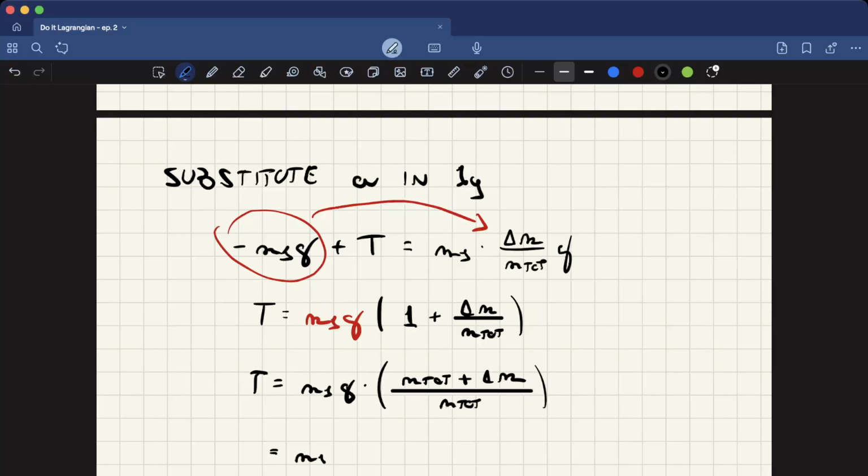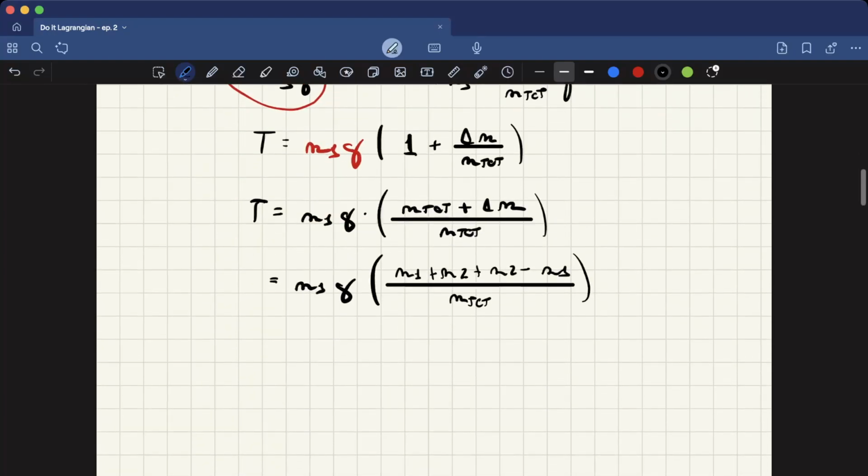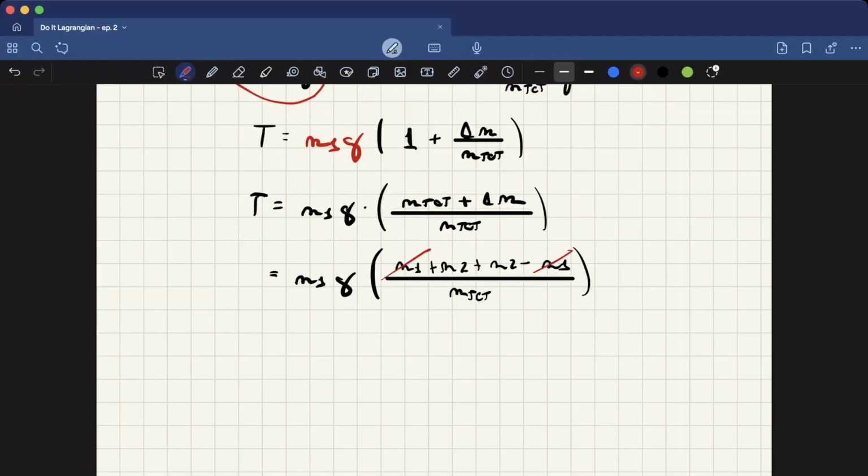We can do another calculation here, and if we substitute m tot and delta m, we can write m1 plus m2 plus m2 minus m1 over the total mass, which we don't write explicitly. Now what we can see is that m1 and m1 cancel out, and what remains is T equal to 2 times m1 m2 over the total mass, times g.